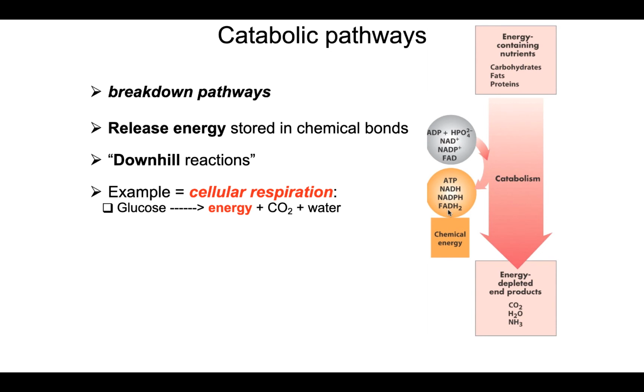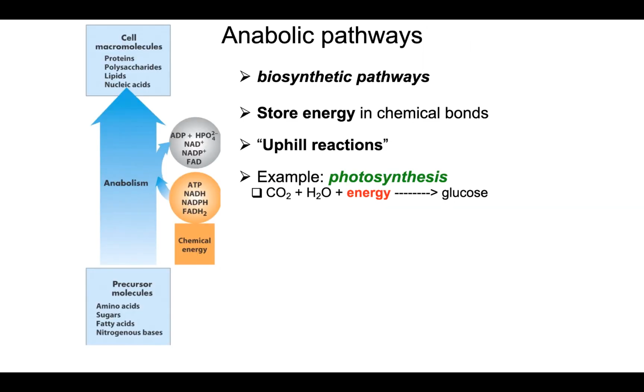So these are breakdown pathways, breaking down large molecules that release energy that is then stored in chemical bonds. So in this case, cellular respiration turns glucose into CO2 and water, with the energy stored in those molecules. Whereas our anabolic pathways use the energy of the sun to organize and convert CO2 and H2O into glucose. They're opposites of each other.